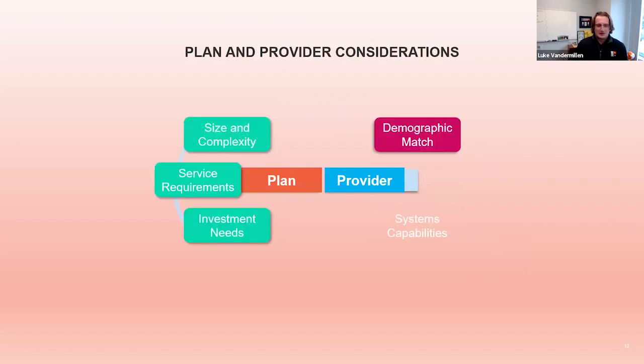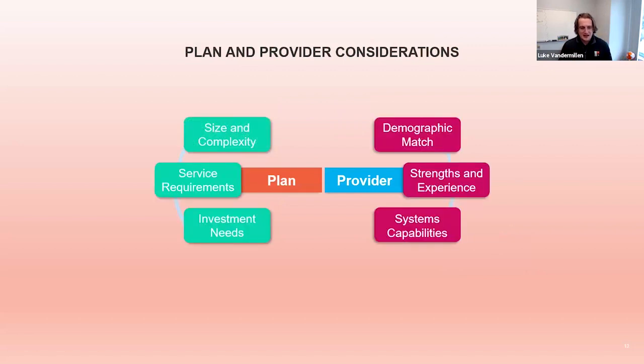And then a couple other things too, in terms of the plan and the provider capabilities, is specifically around matching the provider to the plan and the plan to the provider. So if you have a small plan, maybe one of the bigger record keepers isn't the best fit. Maybe a more tech-based firm might be more appropriate because the pricing might be more competitive and they'll still satisfy all of the service requirements.